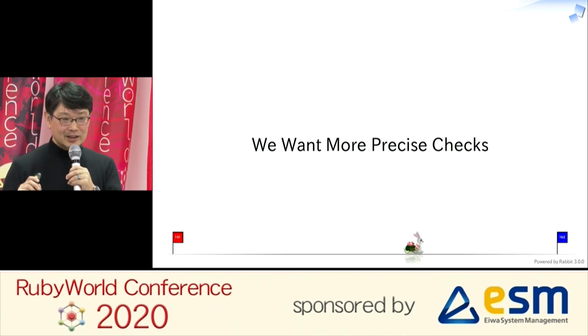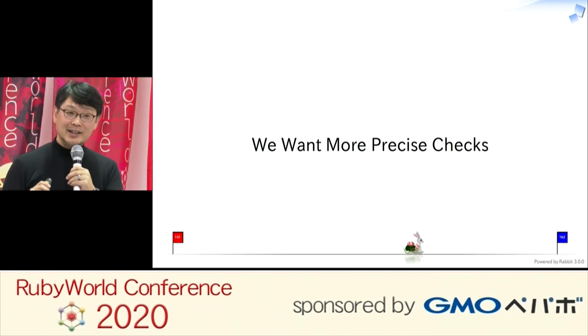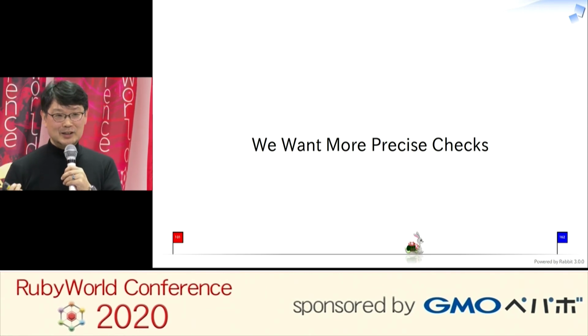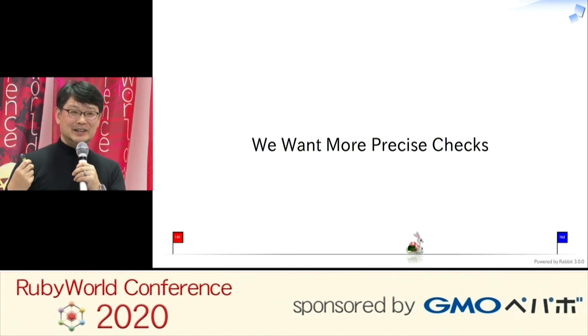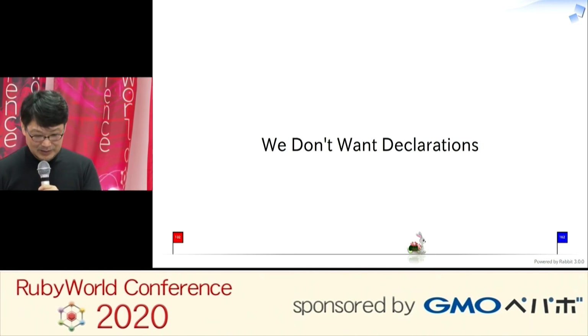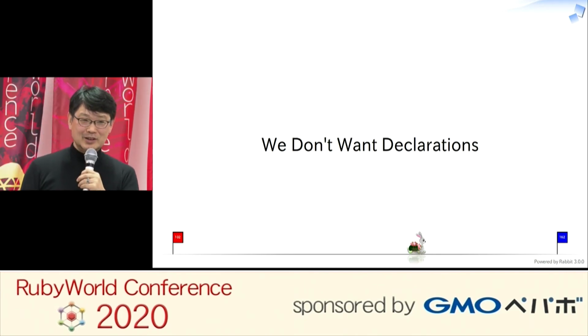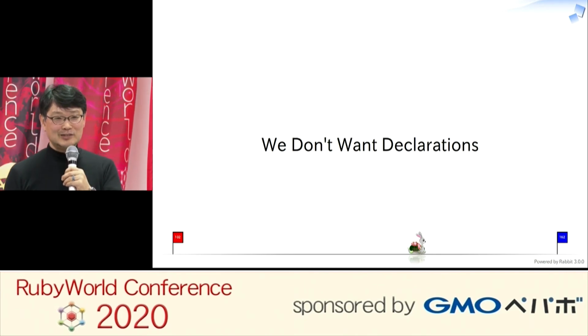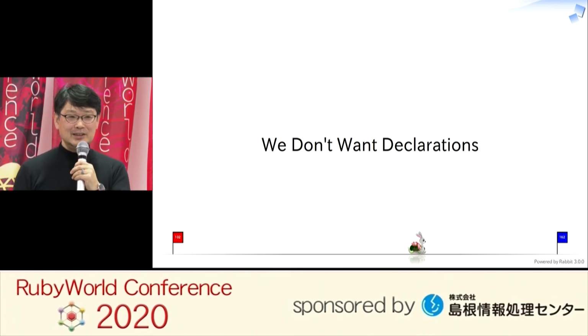What we want is precise checks. When we move to static typing, we can identify errors at a faster rate. We have less effort to identify errors. However, on the other side, since static typing is very redundant, we don't want to write it.